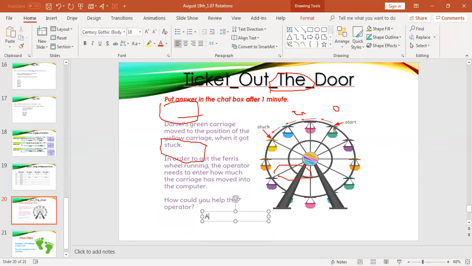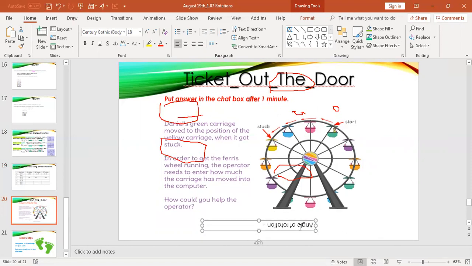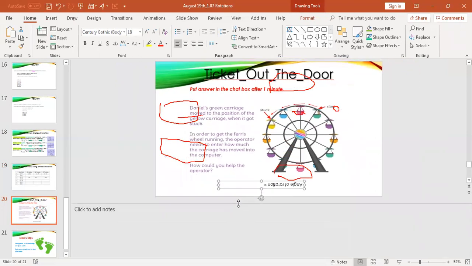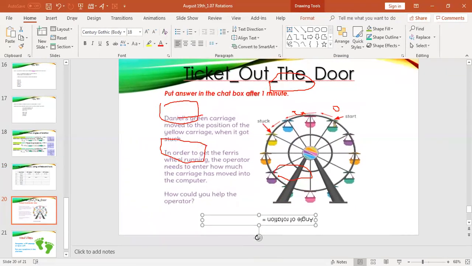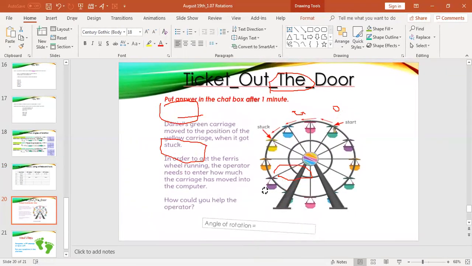All the sides are the same length, so think of it as a regular polygon. There are 12 chairs and 12 congruent angles, so each angle is going to be 30.